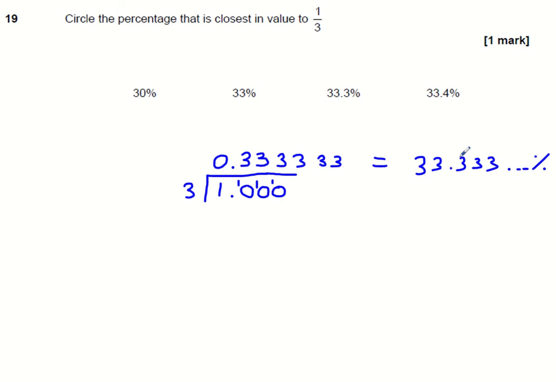So the first decimal place is that 3, and then we need to use the next number to decide how we round it. 3 does not make me increase that previous one into a 4, which means it stays as a 3. So to 1 decimal place, that's going to be 33.3%, and so that is the percentage closest in value to 1/3.